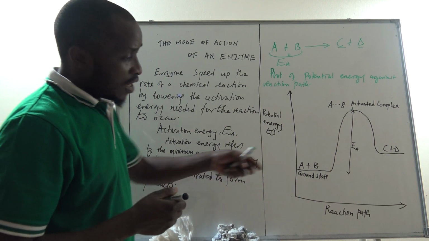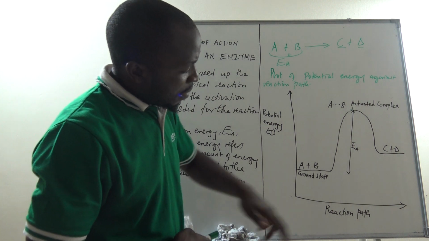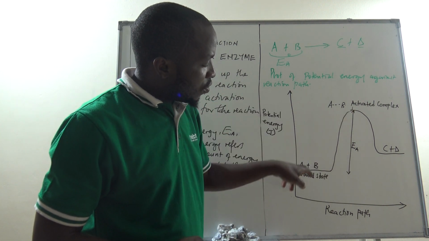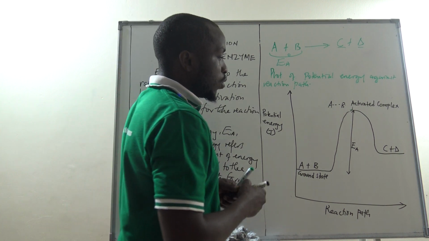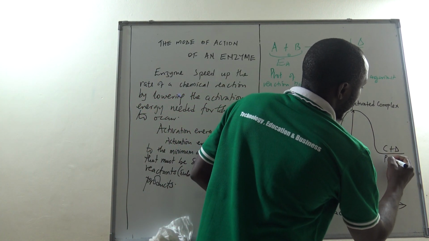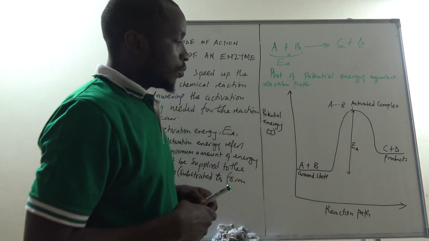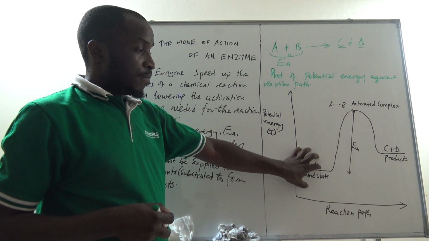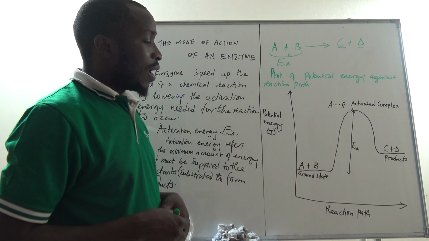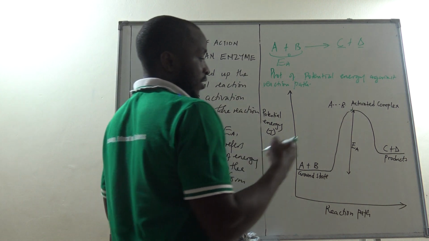So in this kind of reaction, we can see clearly that the amount we supplied to the reactants and the amount of energy that is contained in the products, the products are containing more energy than the reactants. What does this mean in terms of energy in chemical reactions?